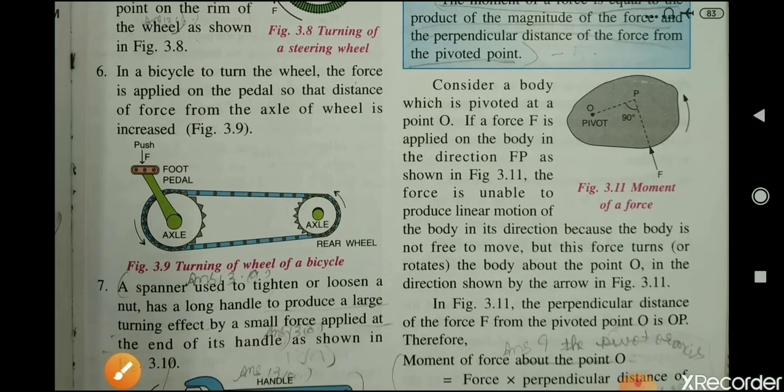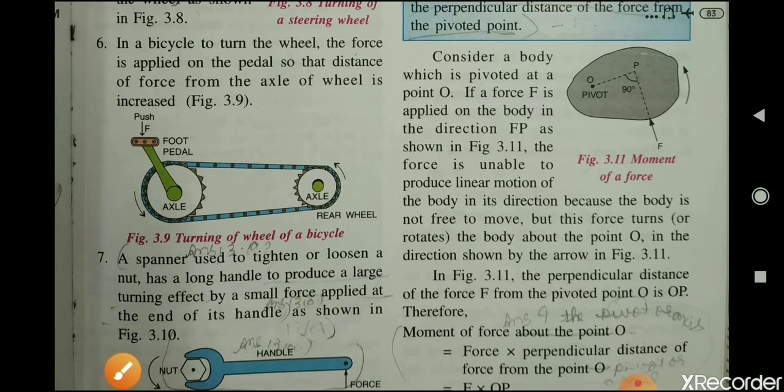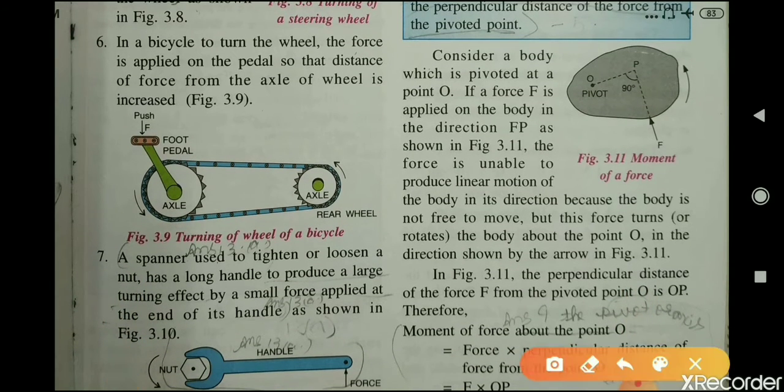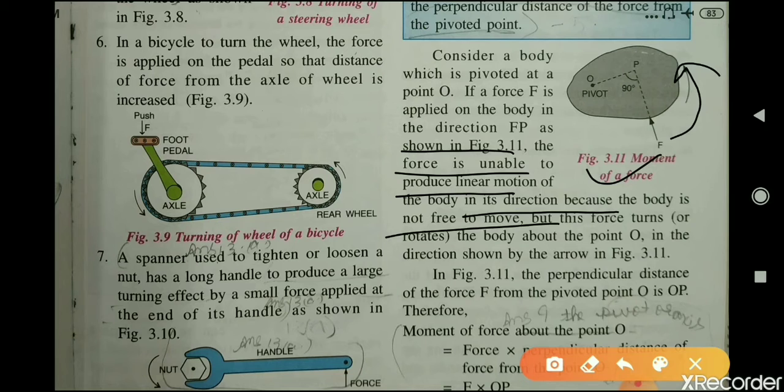If a force F is applied on the body in the direction FP, as shown in figure 3.11, the force is unable to produce linear motion of the body in its direction because the body is not free to move, but this force turns the body about the point O in the direction shown by the arrow in figure 3.11.